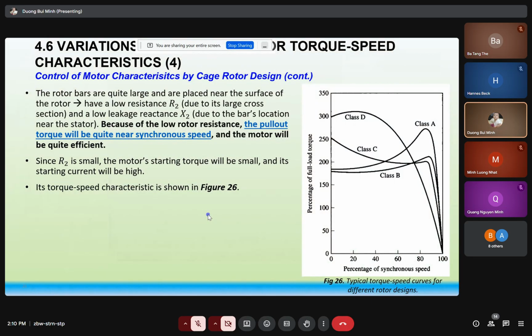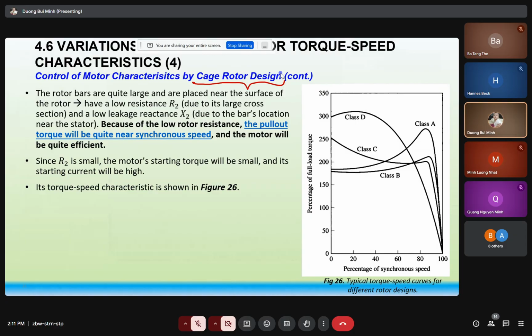So now we come back to the different cage rotor designs.